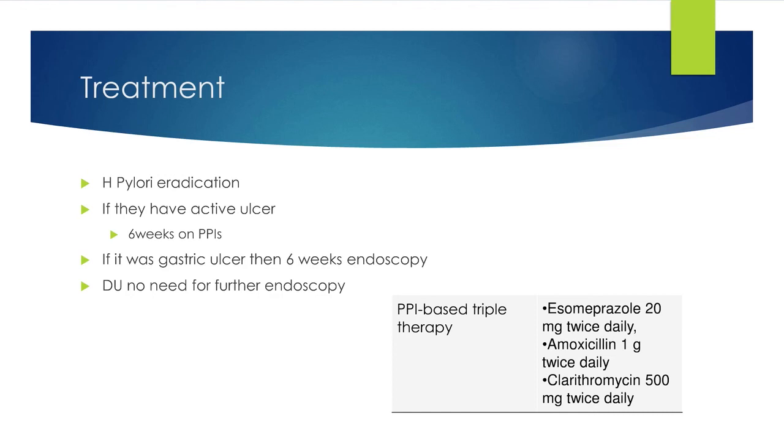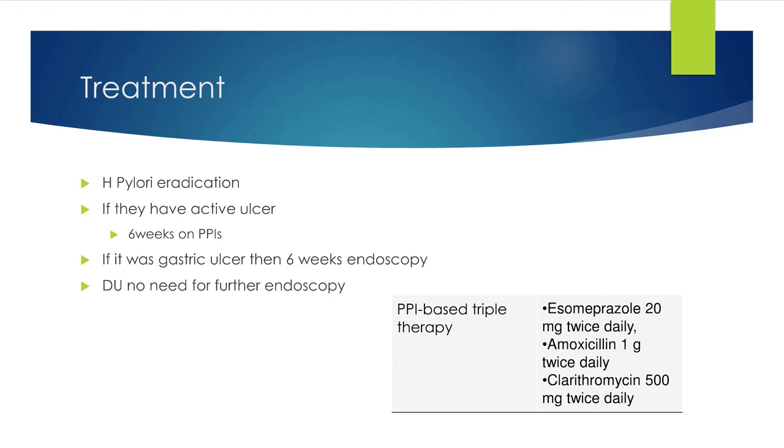Now, what do we do if we have diagnosed someone with an ulcer in terms of follow-up? Duodenal ulcers, they will heal, and if the patient is asymptomatic after 6 weeks, we reassure them, and that should be the end of it. Patient with gastric ulcer, they will always need to have a follow-up endoscopy at 6 weeks' time to ensure healing.